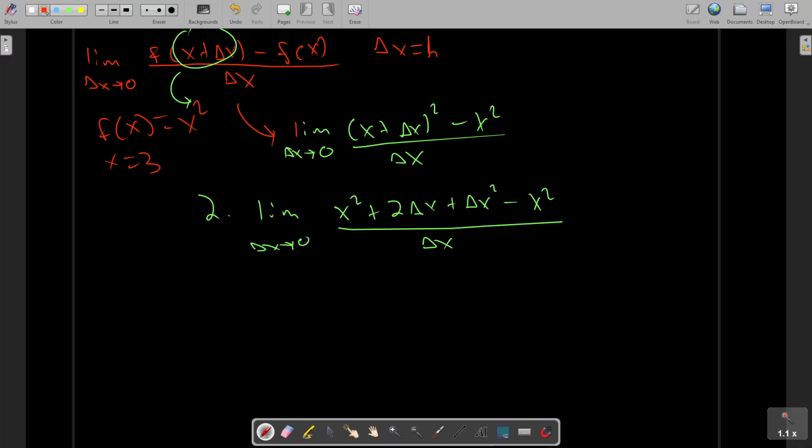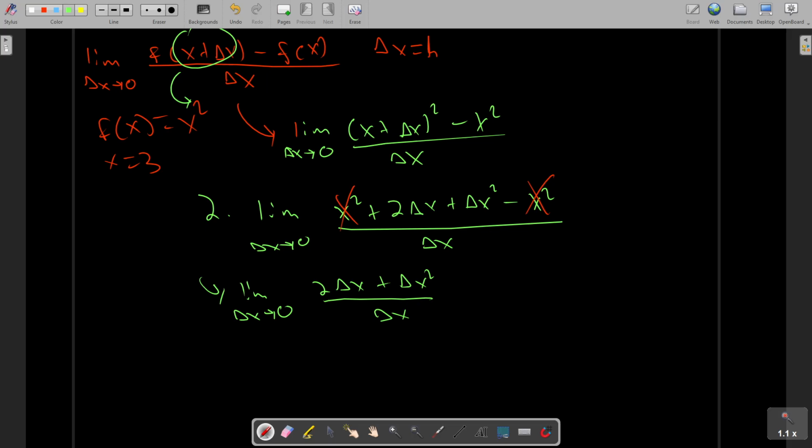Now, if you notice why this works already, then good job. But if you don't, that's okay. Because we can see that we have x squared minus x squared, so we can cross these out. And that leaves us with the limit as delta x approaches 0 of 2x delta x plus delta x squared over delta x.